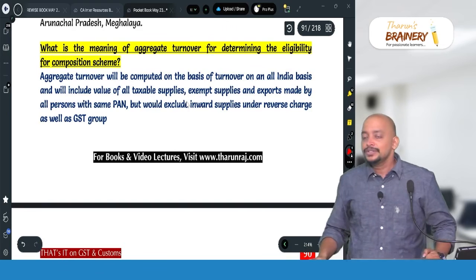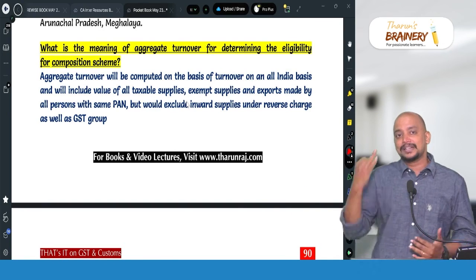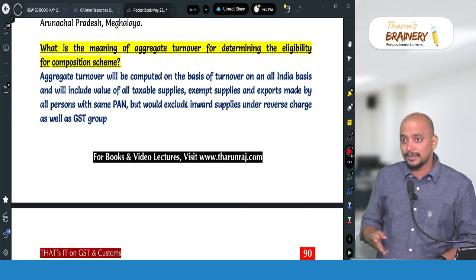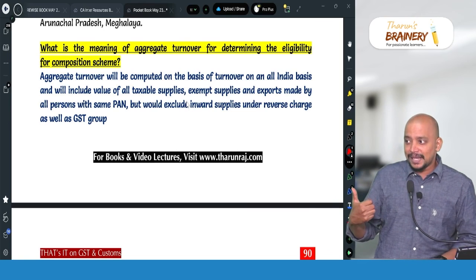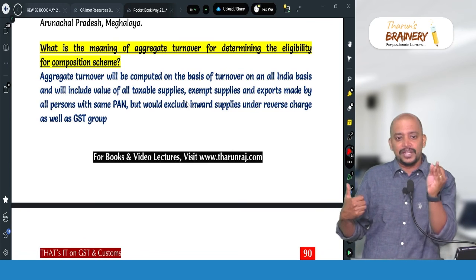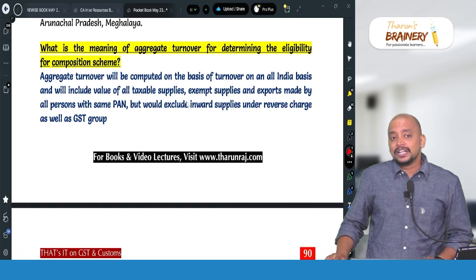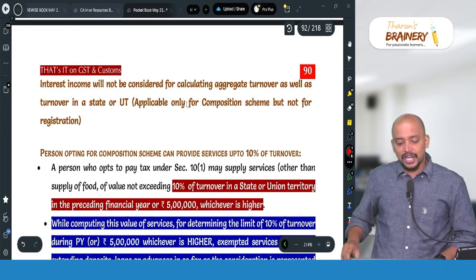You understood? So what is the meaning of aggregate turnover? Taxable supplies, exempted supplies, non-taxable supplies, zero rated supplies, excluding inward supplies under RCM, excluding taxes, excluding interest on loans, advances, deposits, and including pre-registration turnover.